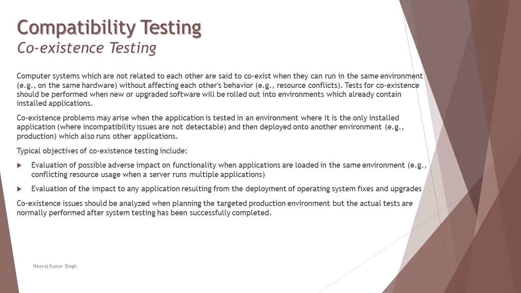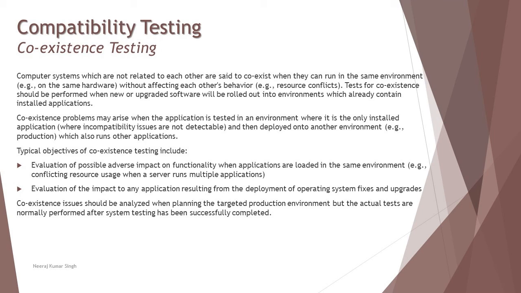Typical objectives of coexistence testing include evaluation of possible adverse impact on functionality when applications are loaded in the same environment, and evaluation of the impact to any application resulting from the deployment of operating system fixes and upgrades. So there are two parameters of it. One is obviously the conflict between two different applications: the one which you have made recently and are testing, and the second which already exists.